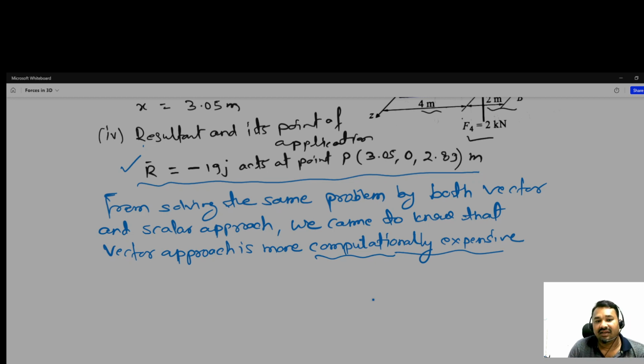So unless told otherwise, you have to opt for the scalar method.